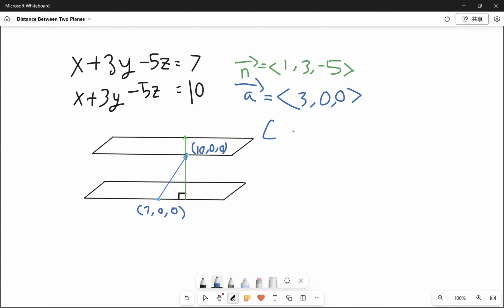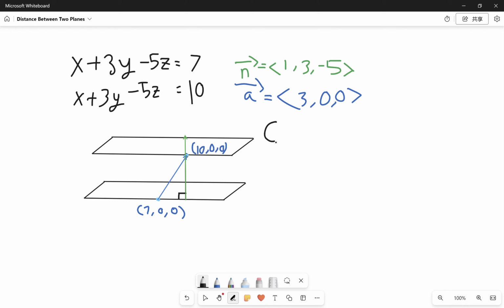Now we know how to do this because we only want the distance, so we're going to use comp, C-O-M-P, vector A onto vector N. This gives us the distance, and this is equal to the magnitude of vector P, which is this vector here.